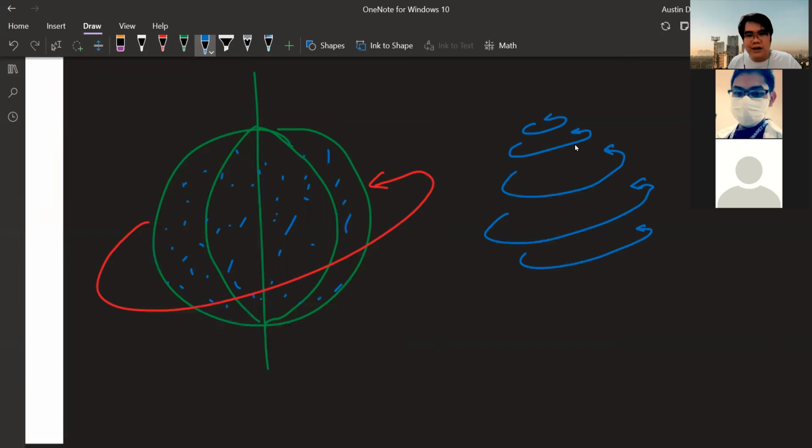Kunwari nasa loob yung Earth mo, kunwari spherical niya. Tapos, ito yung axis mo. So kapag ganyan yung current mo, paano yung magnetic field mo? That would be, of course, circling out.